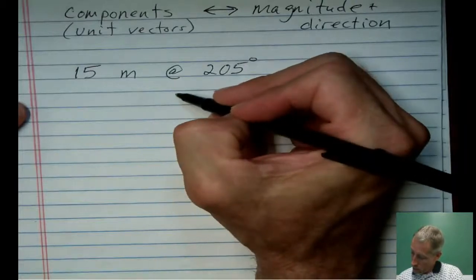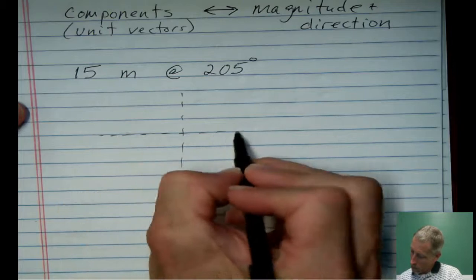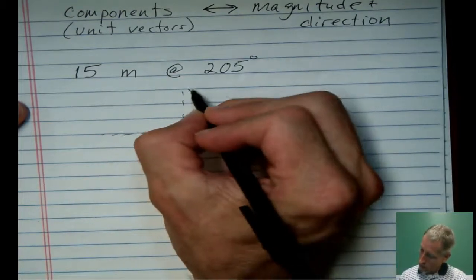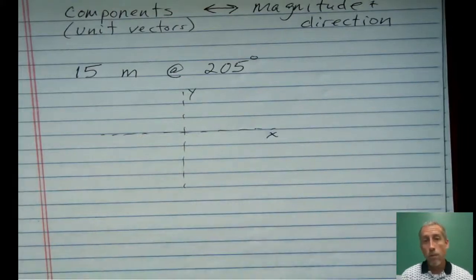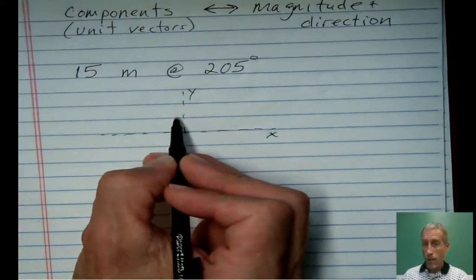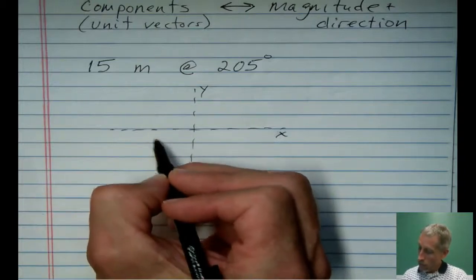So I'll draw a kind of a light little coordinate scheme here, and I'll call this my XY axis. And 205 degrees would typically be counterclockwise from the positive x-axis. So you have to know how to count here. 90 degrees gets me to the y-axis, another 90 degrees gets me over to the negative x, and I need 25 more.